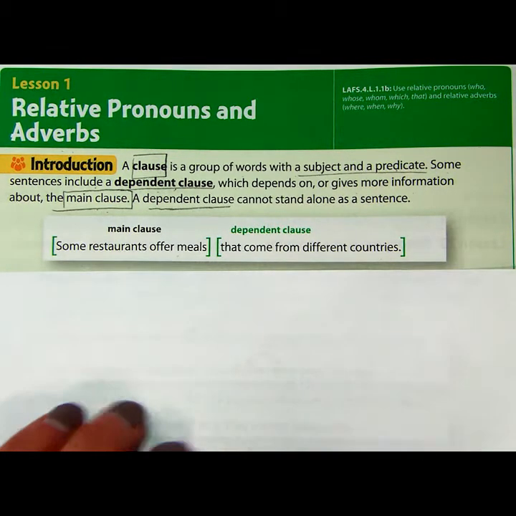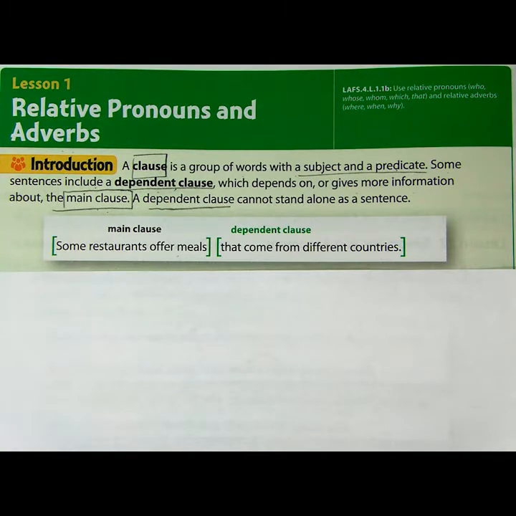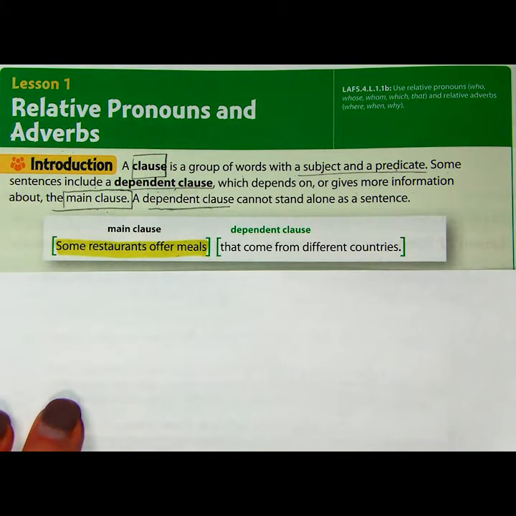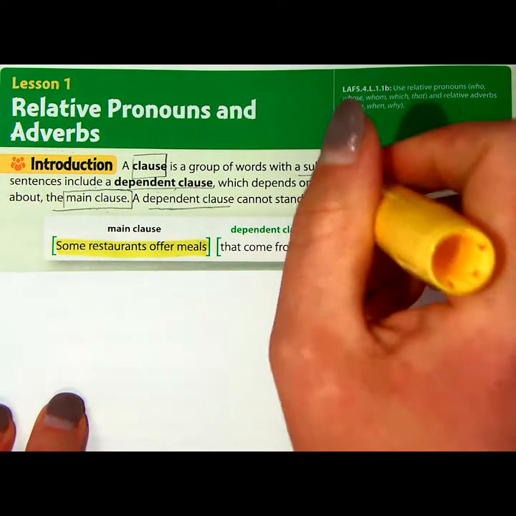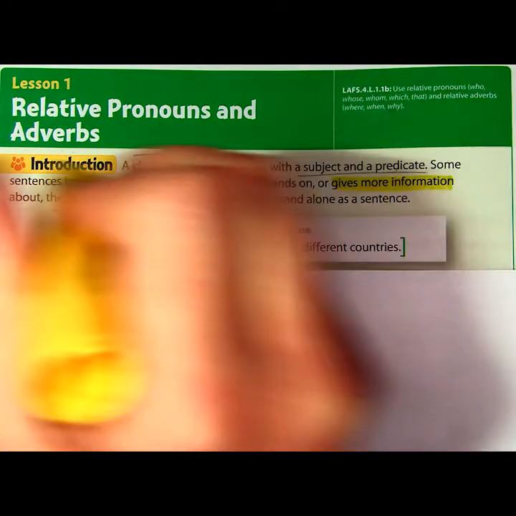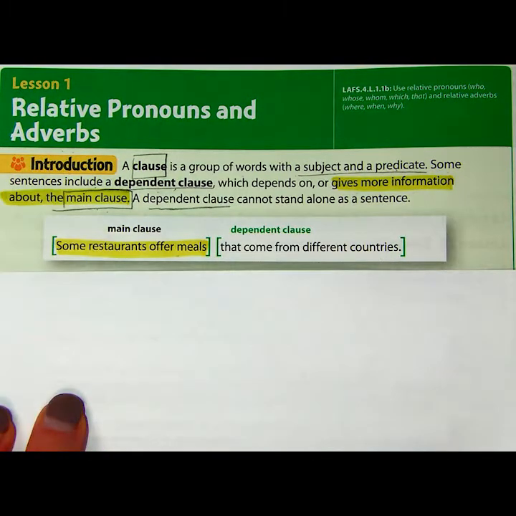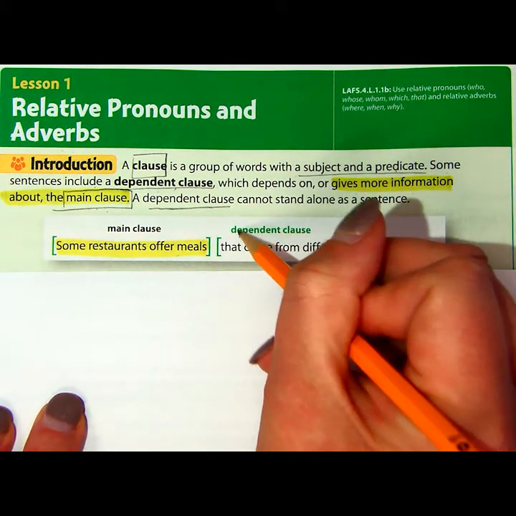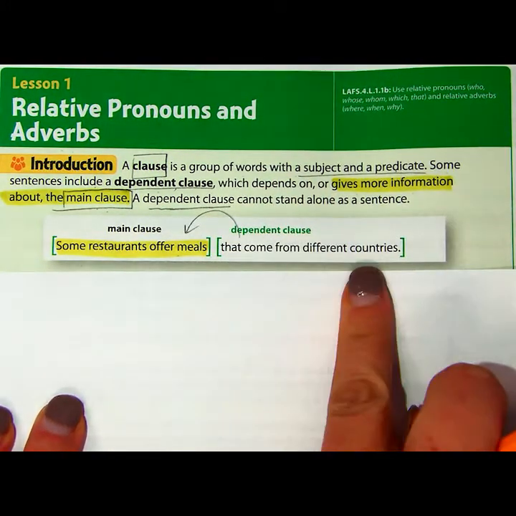So the main clause is that some restaurants offer meals. The dependent clause, remember the definition up here? A dependent clause gives more information about the main clause. Well, if we know that some restaurants offer meals, now we're going to learn a little bit more about that come from different countries.